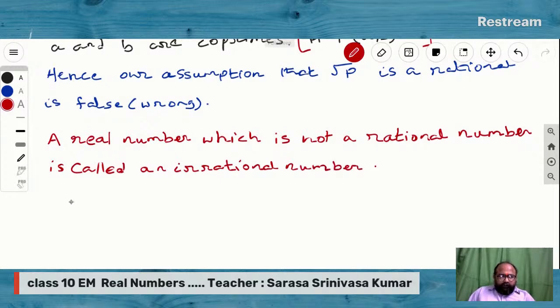So we conclude that square root of p is an irrational number.